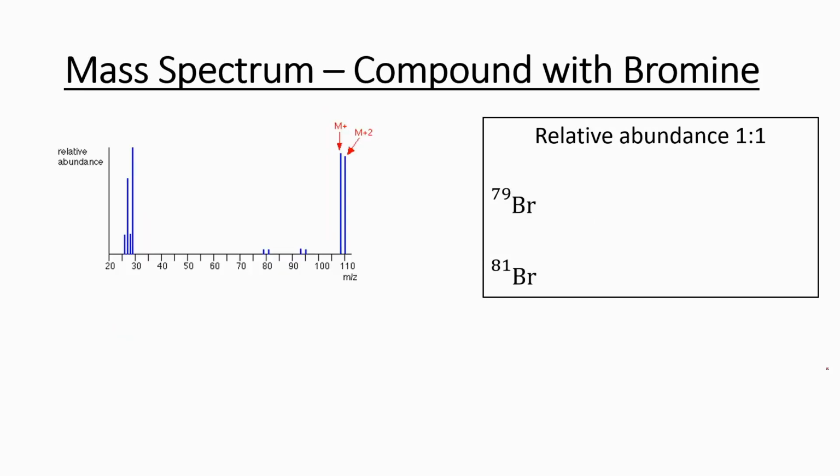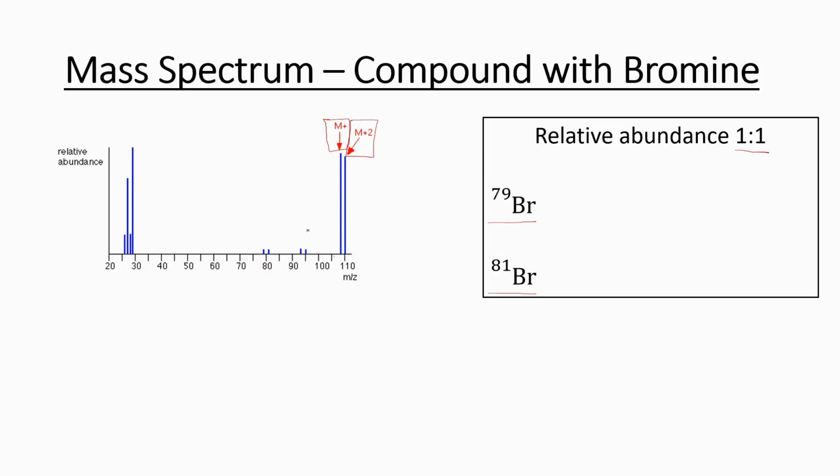Let's look at a compound which contains one atom of bromine. And here bromine exists as two isotopes, Br79 and Br81, and they are equally abundant in nature. So in this compound, we have two molecular ion peaks. Now you may have seen the notation M+, that's the first molecular ion peak, and M+2, which is a molecular ion peak which is 2 mass to charge units greater than M+.